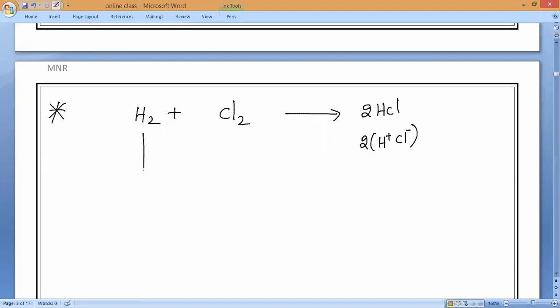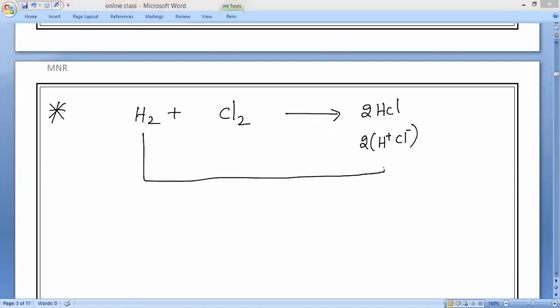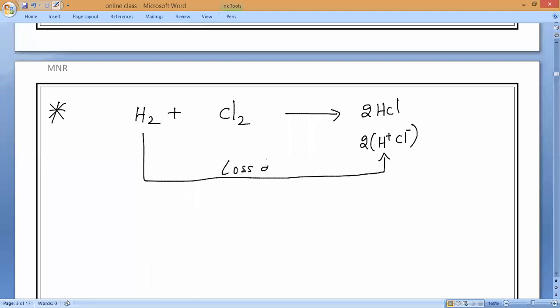Now, is hydrogen going to lose electrons or gain electrons? It loses electrons. So loss of electrons, what do we call it? Oxidation. Very good. Kevin Prakash, are you there in the meeting? I am not seeing Kevin. Next, chlorine is going to gain the electrons.